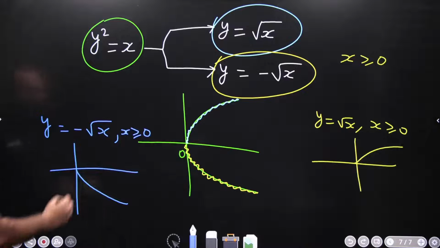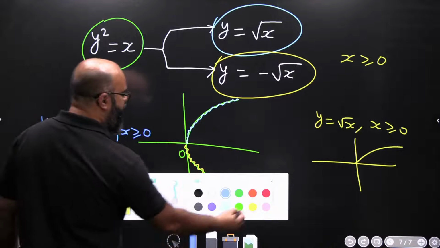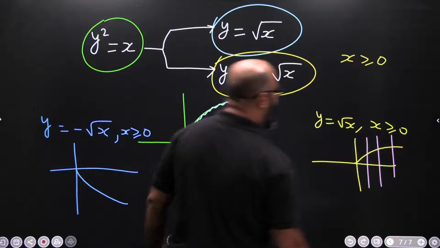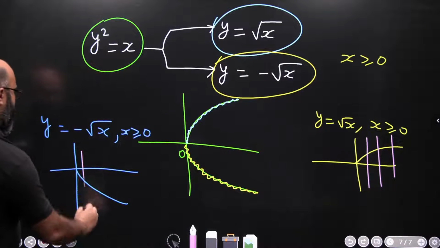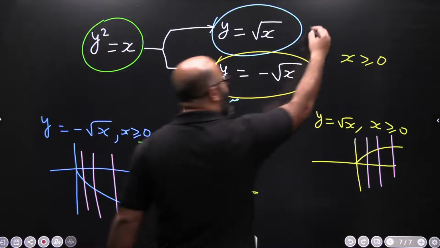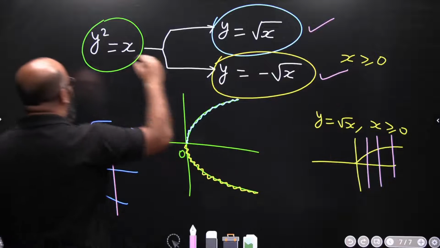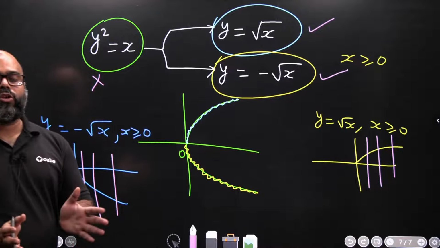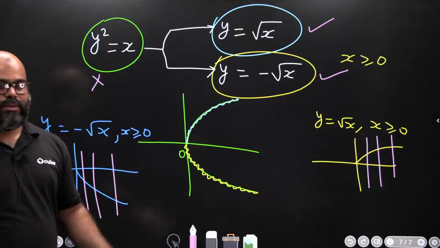So this is also a function and that is also a function. As you can clearly see, the lines intersect at only one point. So individually these two are functions, but when you combine them, it is not a function. So you can make two functions out of a given relationship like this.